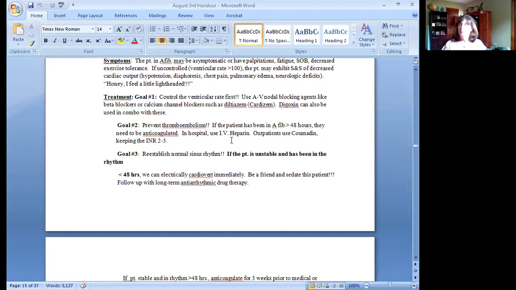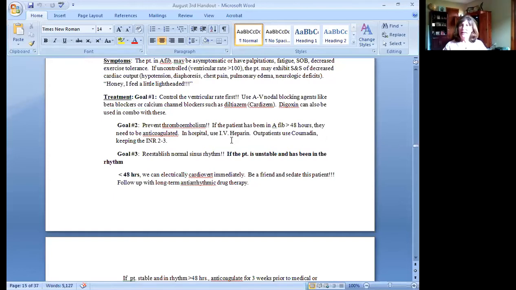For the TEE, the doc will put a pretty good scope down their throat into their esophagus and be able to visualize the chambers of the atria and see the coast is clear, no clot. And if the coast is clear, proceed to cardiovert.